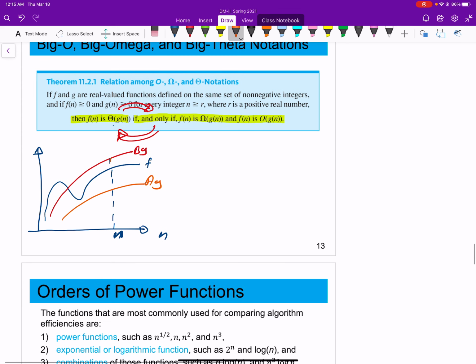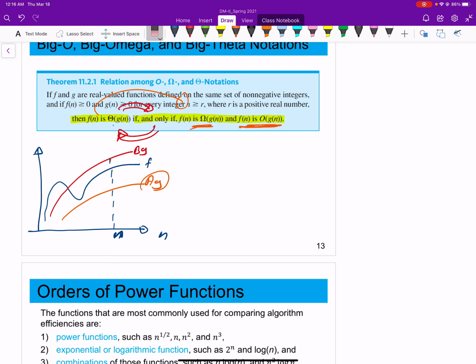That means f is bounded above by bg and bounded below by ag. Bounded above by bg means f is given by the O notation. Bounded below by ag means omega notation. Okay, that means this implies that.